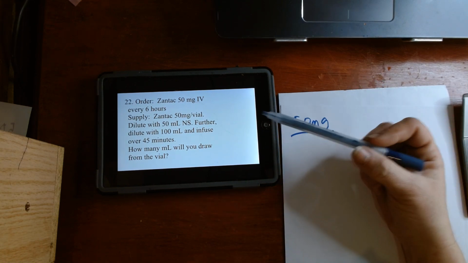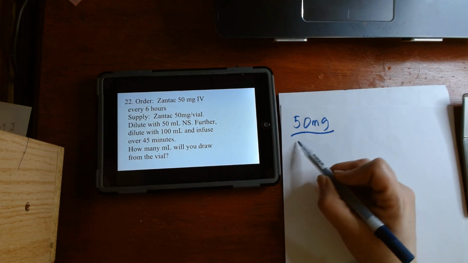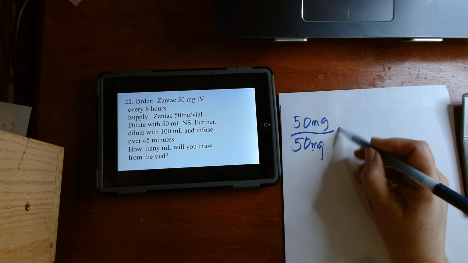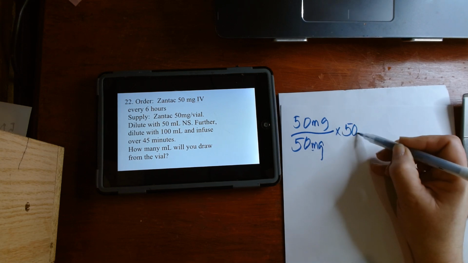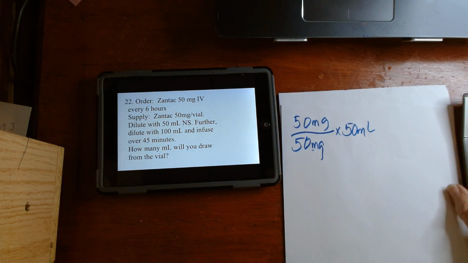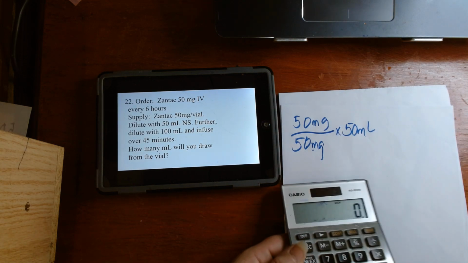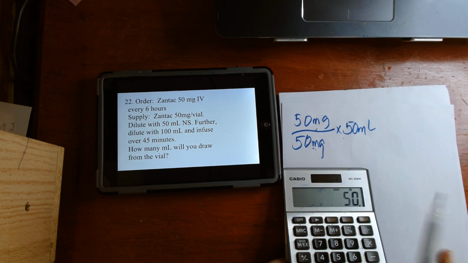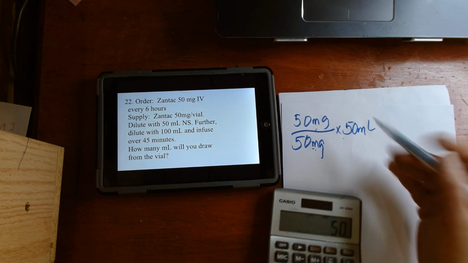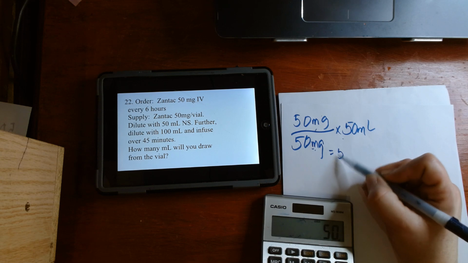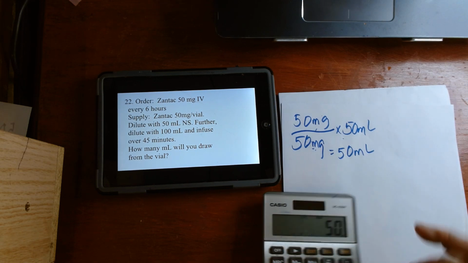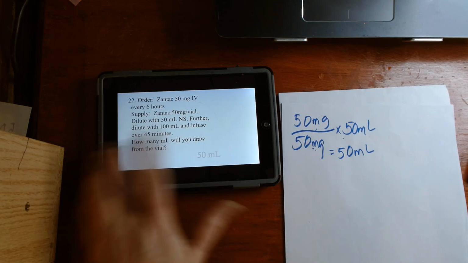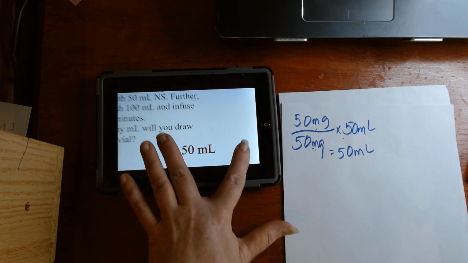What I have is 50 milligrams in that vial, and how's that come in 50 milliliters? I know they're going to cross out, but let's just do it on the calculator. This divided by that times that. 50 divided by 50 equals, times 50. Yeah, it's 50, so we're going to draw all of it. See, 50.